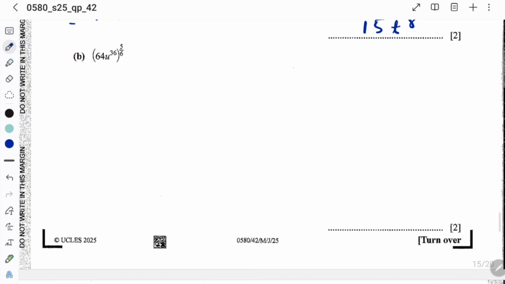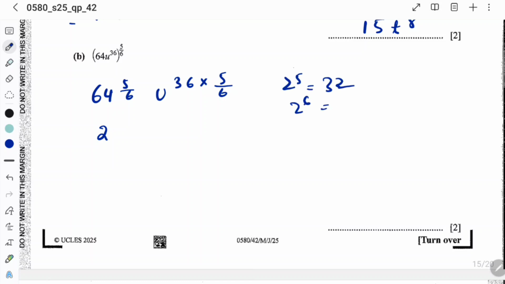Now 64 to the power 36 has the whole power 5 over 6. So 64 is 2 to the power 6, since 2 to the power 5 is 32 and multiplying 32 by 2 gives 64.